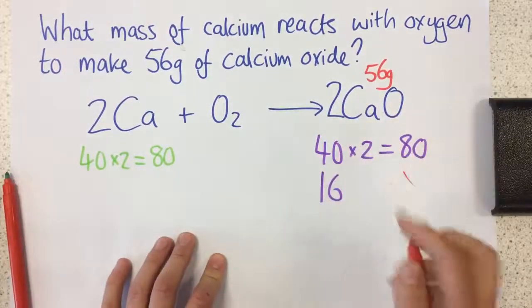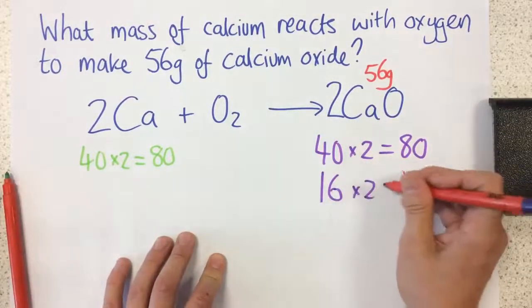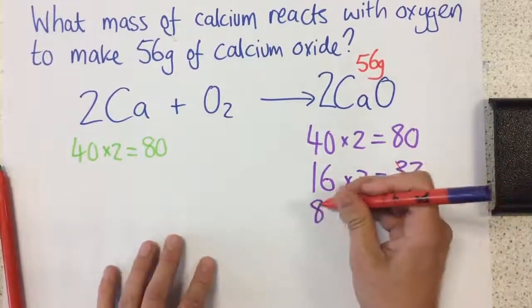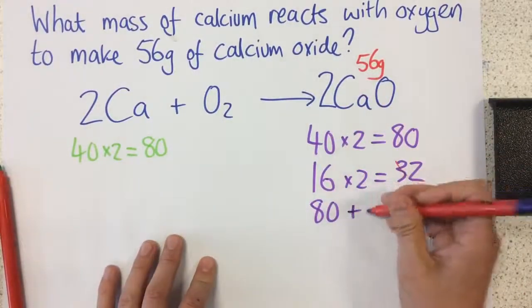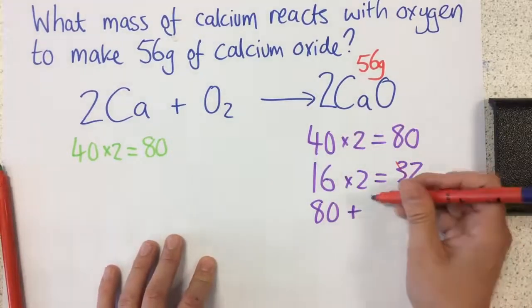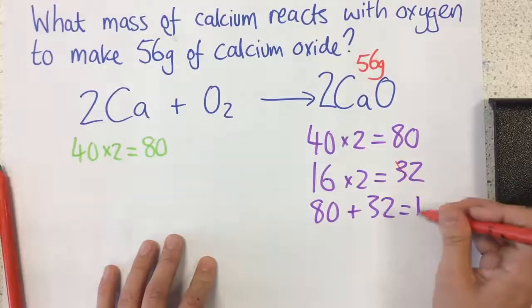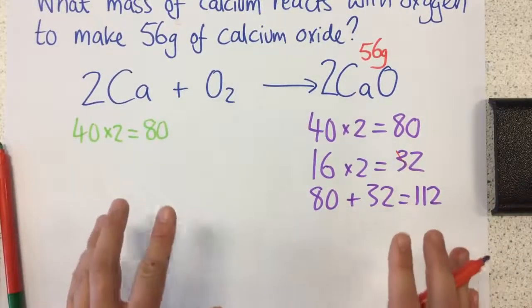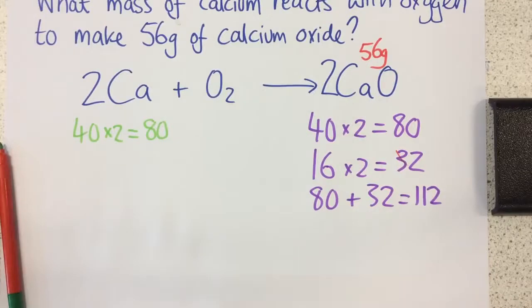Again, I've got two oxygens, so that total is 32. So in total, my relative formula mass on this side of the equation, my calcium oxide, is 80 plus 32, which is 112.